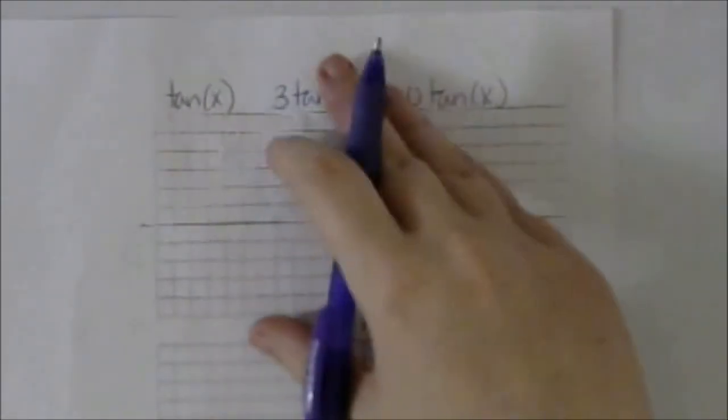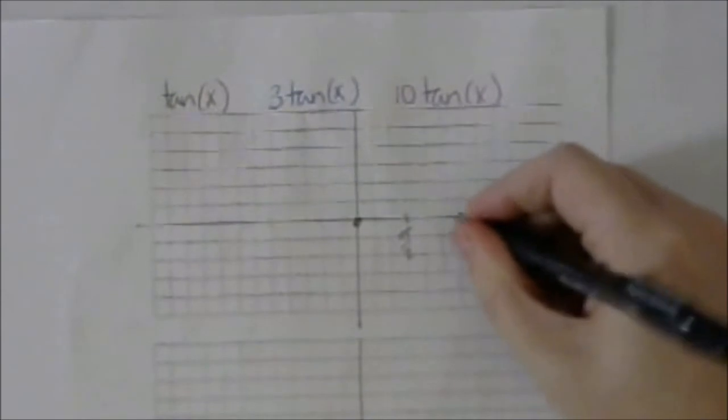Generally, the amplitude represents how high and low the function can go from its midline. But with a function like tangent, whose range is infinity to negative infinity, this amplitude has to play a different role. Starting with tangent x, I know that it begins at 0 and hits 0 again at pi with an asymptote in between.